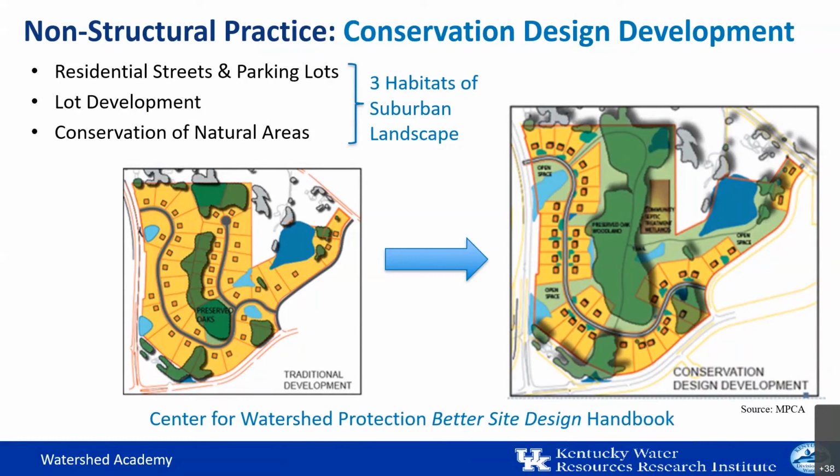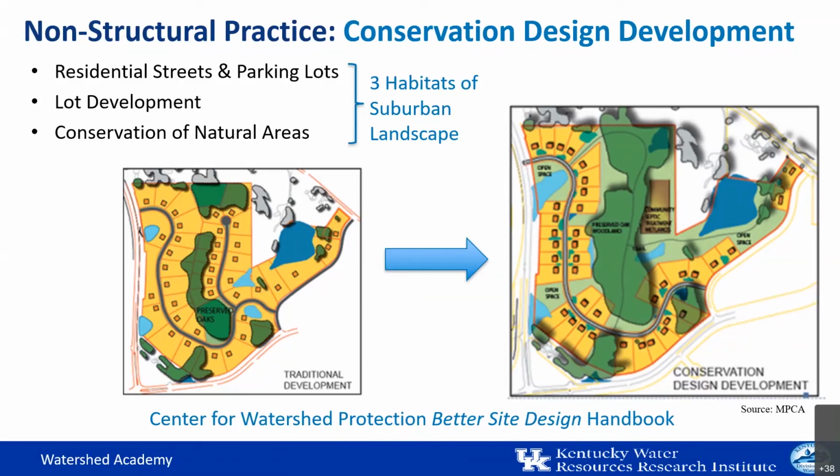The overarching goals of these are to reduce impervious cover, conserve the natural areas, and reduce stormwater pollution from new development, as well as lowering the overall development cost and hopefully enhancing the quality of life in these neighborhoods and creating some more open space for recreation, safer streets, and a sense of community.